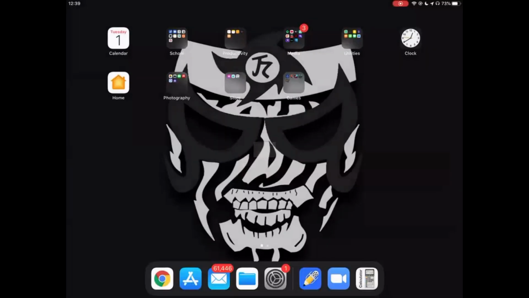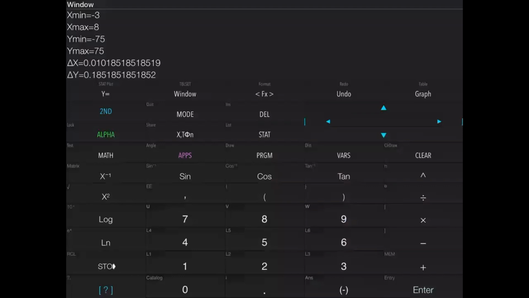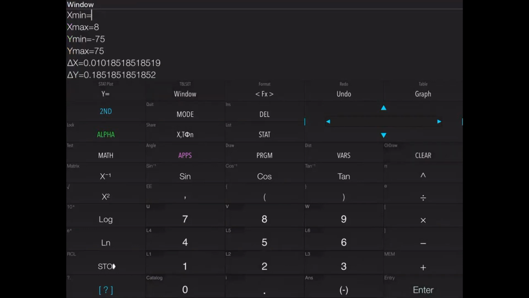Let's visualize this one here. Okay, so what do we have? We have negative x to the 4th plus 4x cubed, and then minus 20. All right, then for the window, let's see, 0 and 3 were our critical numbers.